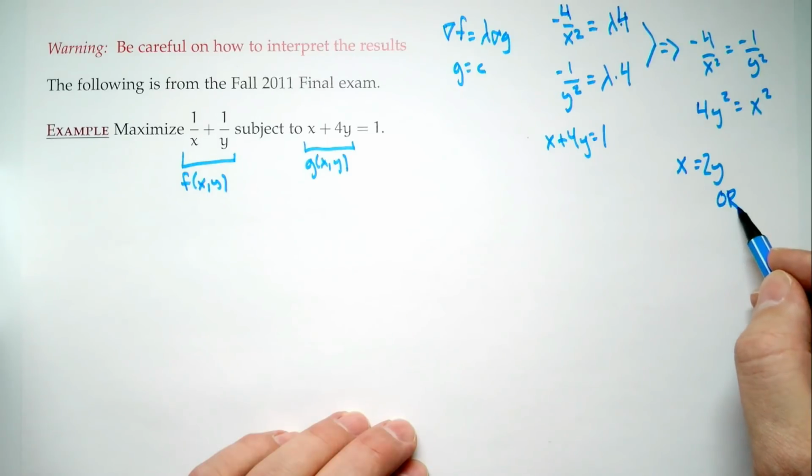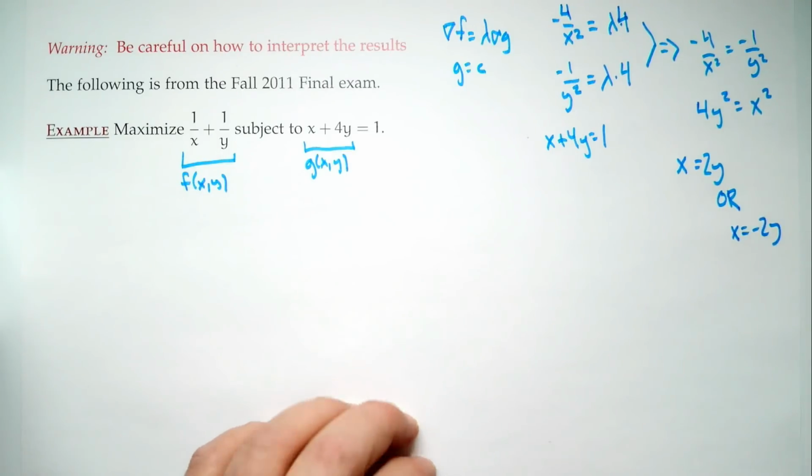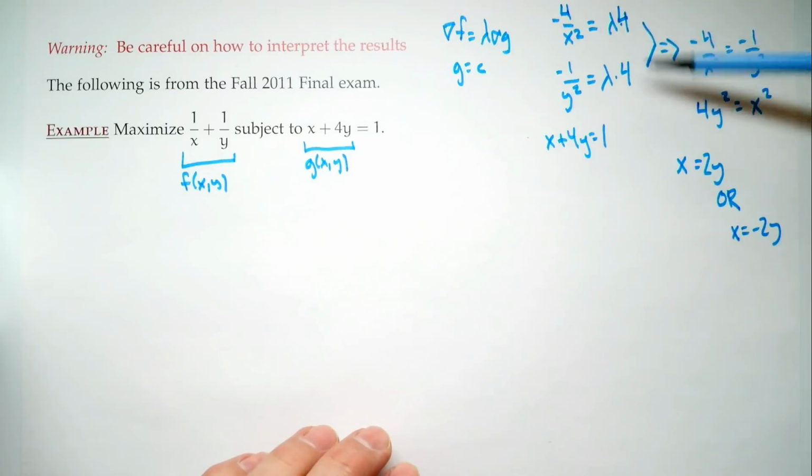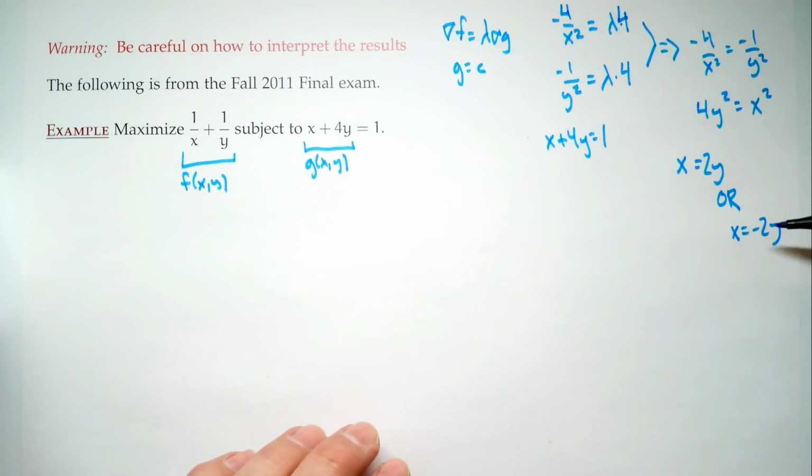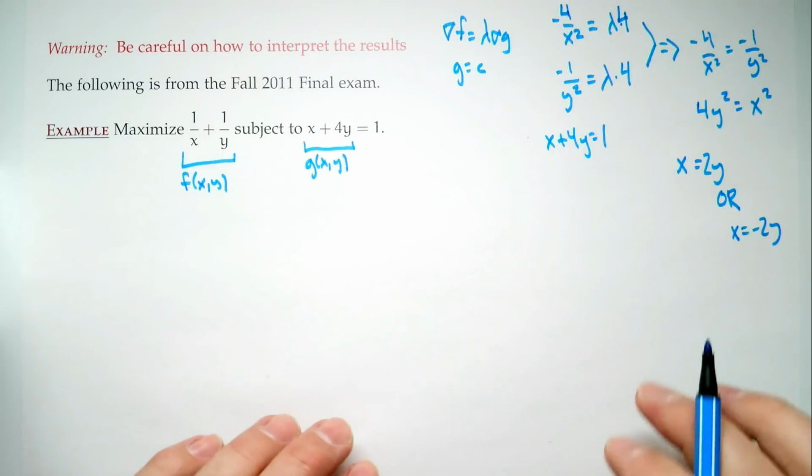Or, what's the other thing that could happen? X equals negative 2y, or negative x equals 2y. So in some sense there's absolute values, but it's also just another way of saying plus or minus. This is kind of the spirit of how these problems typically go. You get two relationships, you somehow get rid of lambda, and you get simple relationships between x and y. Now let's just follow them through.